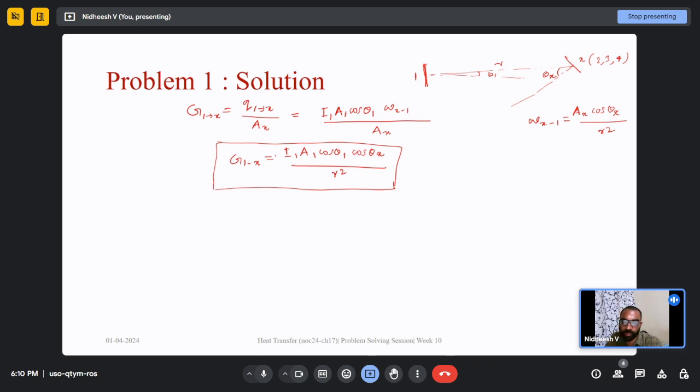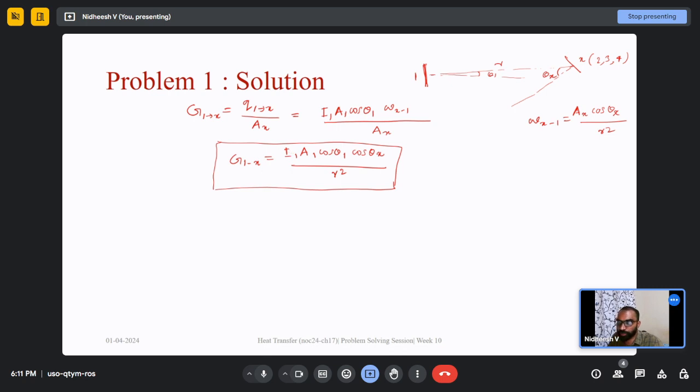This is an expression for irradiation on surface X due to emission from surface 1. Is that part clear? Yes, sir. Okay. Then please note down this expression.